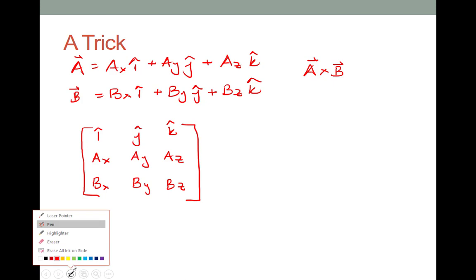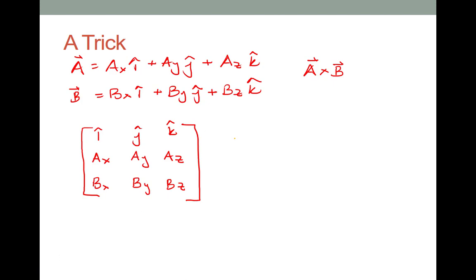And now what we're going to do is rewrite those first 2 rows, add them to the end. The next step is to multiply the diagonals, and we're going to go down and to the right first.